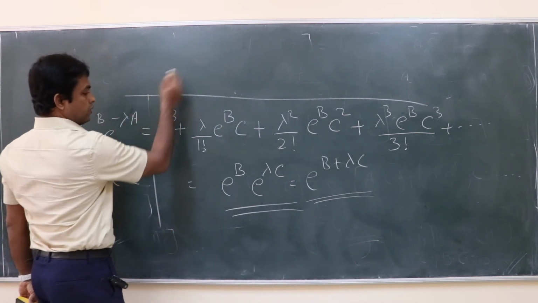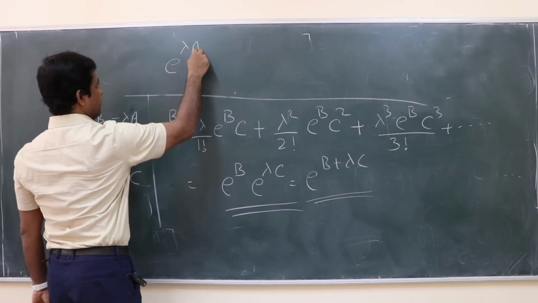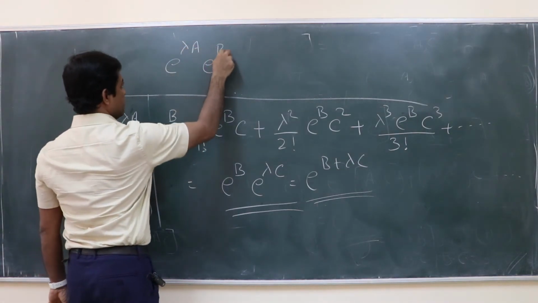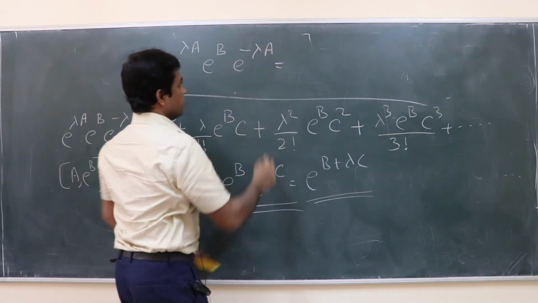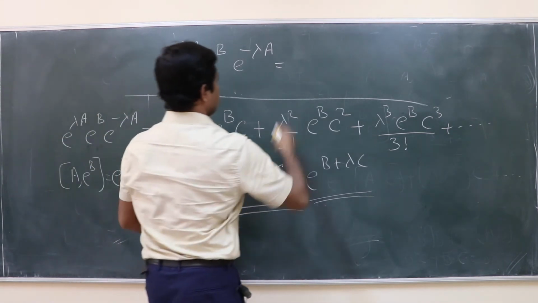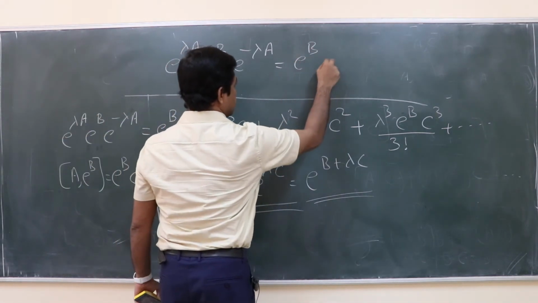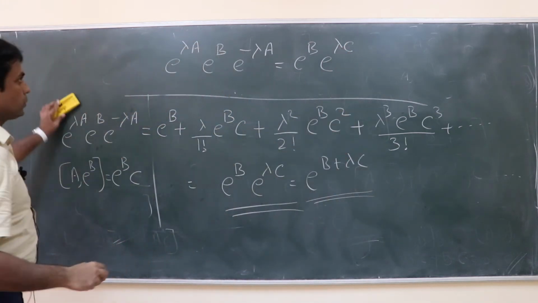Now we have e^(lambda a) e^b e^(minus lambda a), which is equal to e^b e^(lambda c). I am writing in this form because I want to do something else.